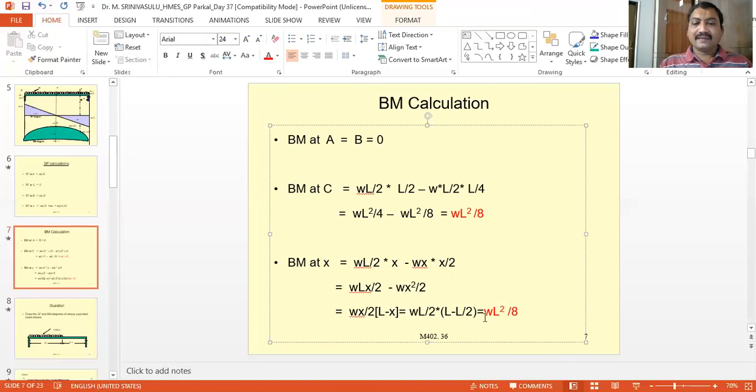So like this, x is equal to L by 2 here. Here also W into x means W into L by 2, and here also x is equal to L by 2. So like this we get WL square by 8.